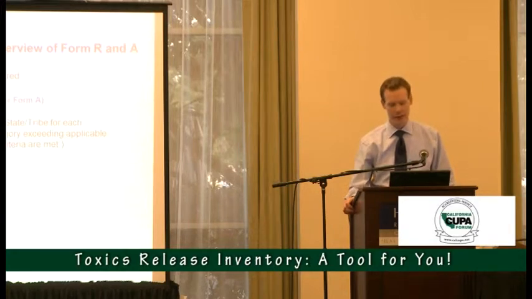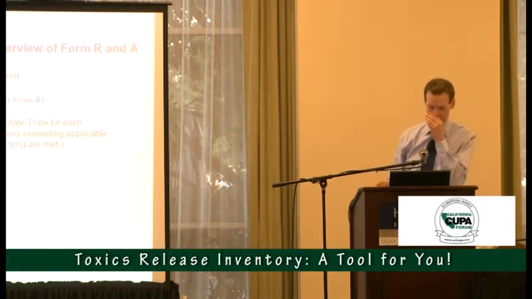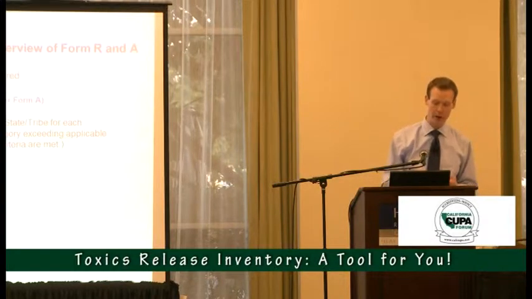So with the TRI Form R and Form A, these are the forms that facilities are required to submit. There's two types of information on this form, very broadly. First off is the facility-specific information, and both Form R and Form A cover these.